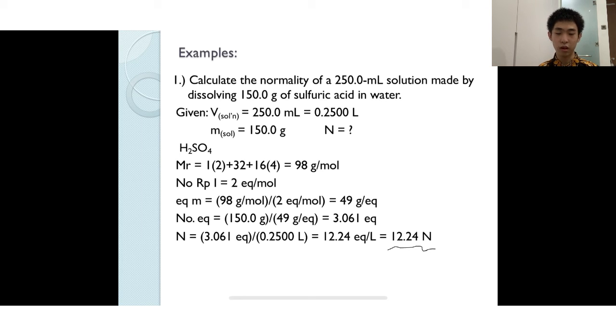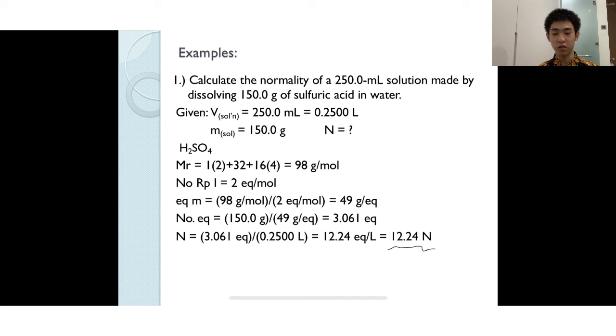divided by 2 equivalents per mole equals 49 grams per equivalent, and the number of equivalents is the mass divided by equivalent mass equals 3.061 equivalents, and the normality equals number of equivalents divided by the volume.